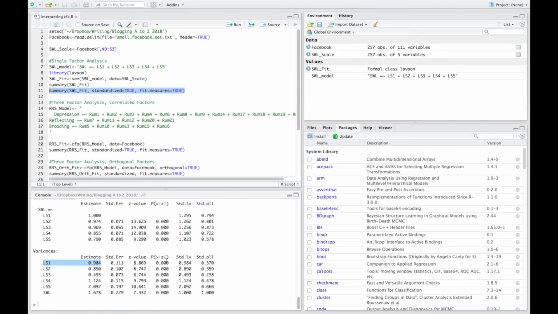So we actually want our variances to be non-significant, theoretically. We want each of our indicators to be really strong measures of the factor that we're trying to measure, meaning that there would be little to no variance left over.